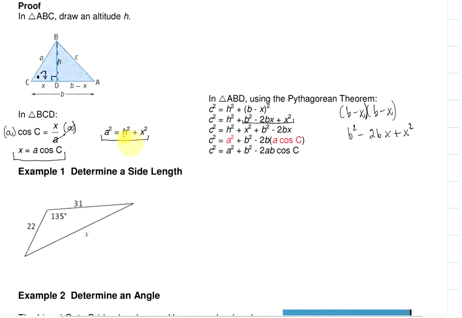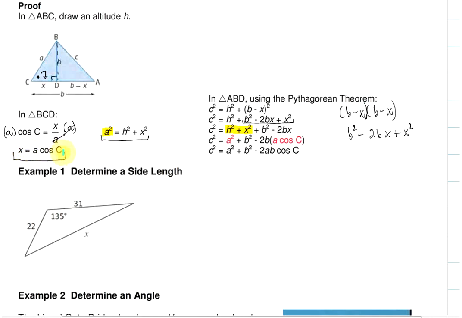First of all, I know that h squared plus x squared is equal to a squared, and I have an h squared plus x squared here, so I can replace that with a squared.